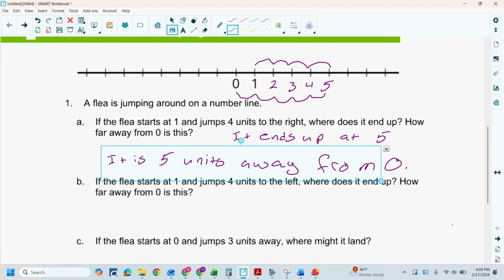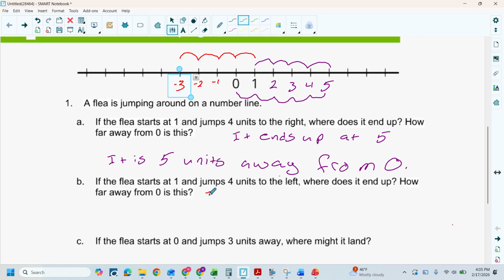Okay, so now I'm going to switch colors, because, well, different question. So if the flea starts at 1 and jumps 4 units to the left, so I'm starting here and going 4 units to the left. 1, 2, 3, 4. Where does it end up? Well, that's -1, -2, -3.